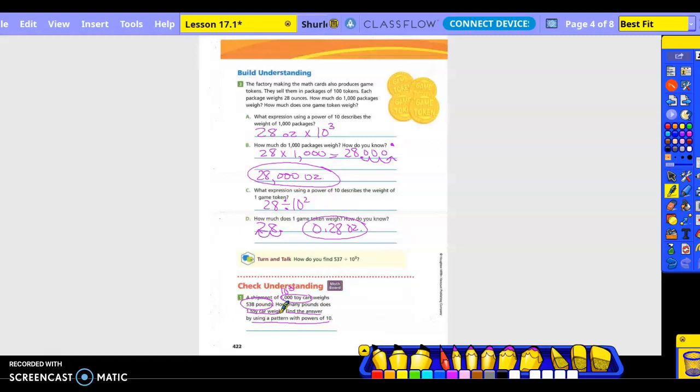So, am I dividing or multiplying? Dividing, because you have a big box and there's 1,000 cars within it, and they want to know what one little car weighs.